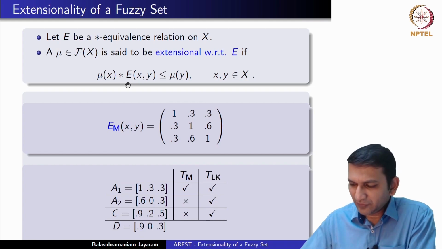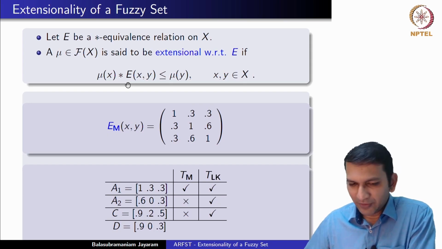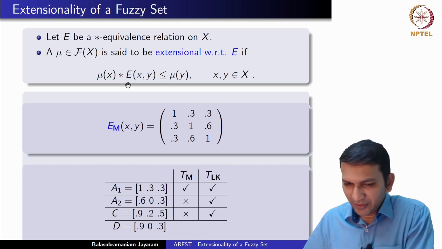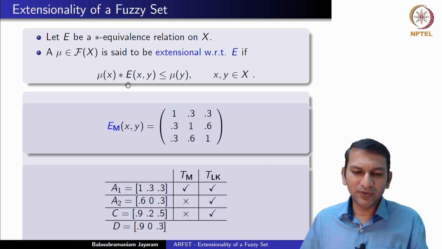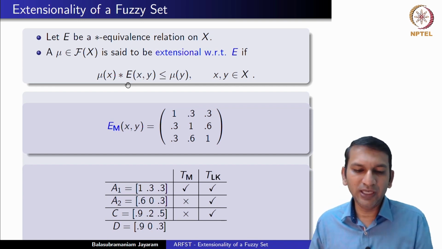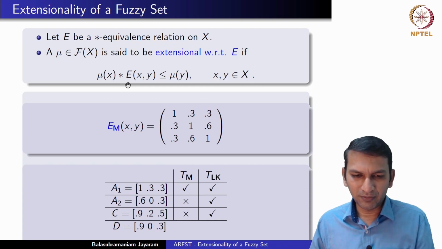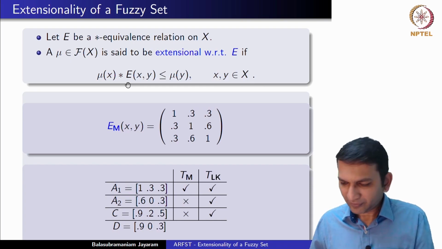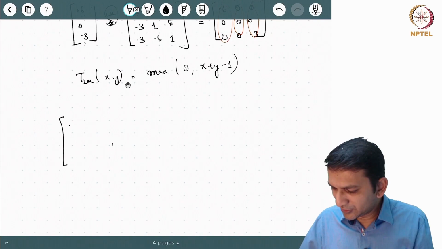Now, let's consider the last of them, which is 0.9, 0, 0.3, and consider whether it is extensional with respect to EM and the min operation. So what we have is 0.9, 0.3.